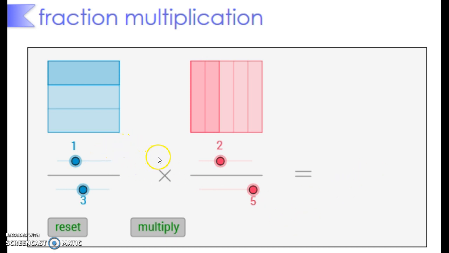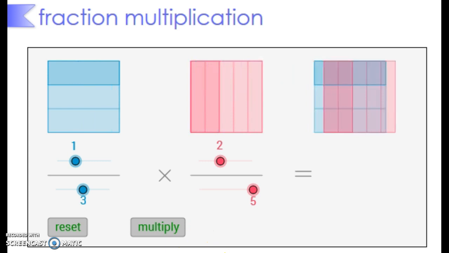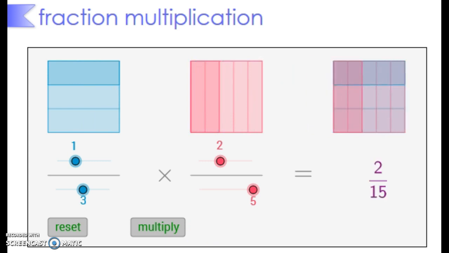So if we have 1 multiplied by 2, giving us 2, and 3 multiplied by 5, giving us 15, our answer should be 2/15. Let's check. That's right. We can see this in the shaded boxes up above to check our work.